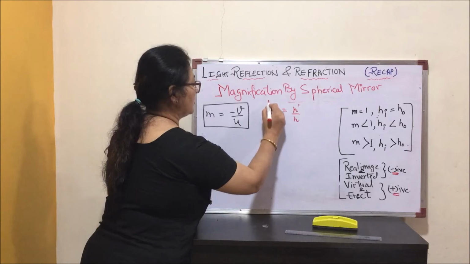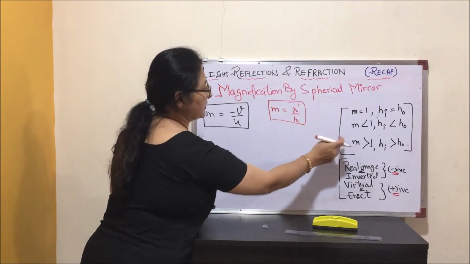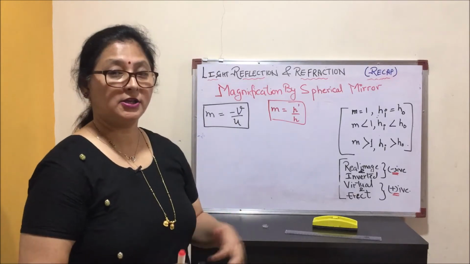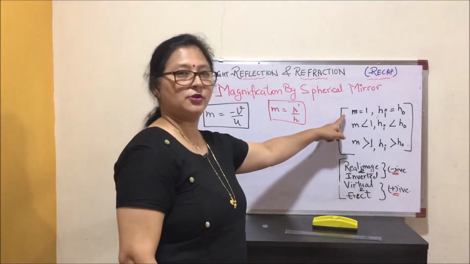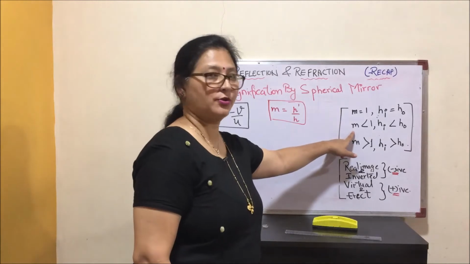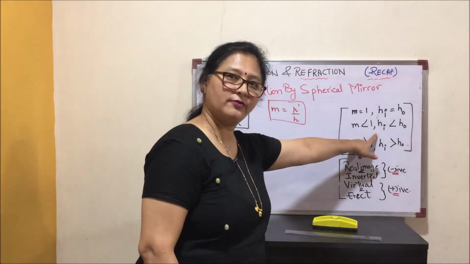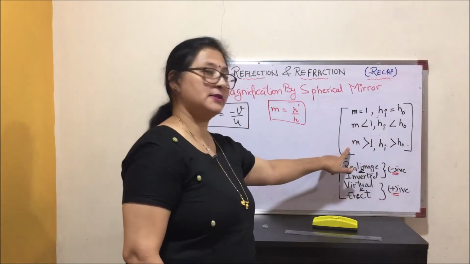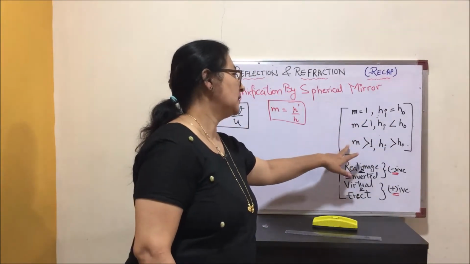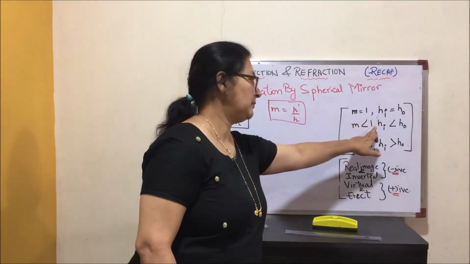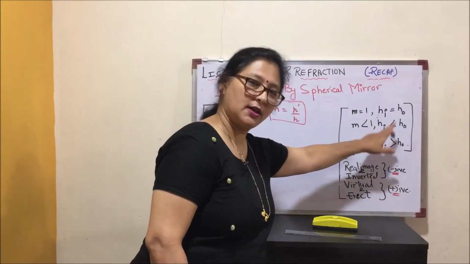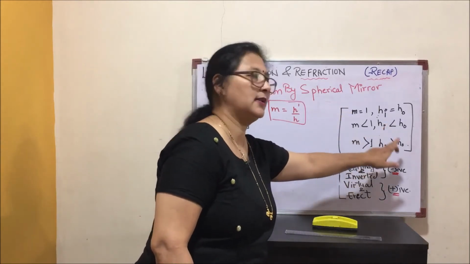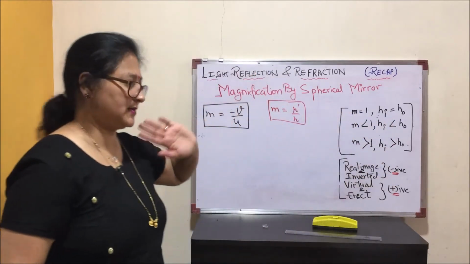So we have proved that the height of an image is equal to the height of an object when m is equal to 1, and when m is greater than 1, the height of an image is more than the height of an object. When m is less than 1, then height of an image is less than the height of an object. So we have proved this, right?